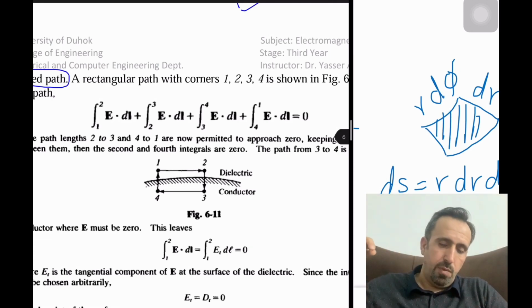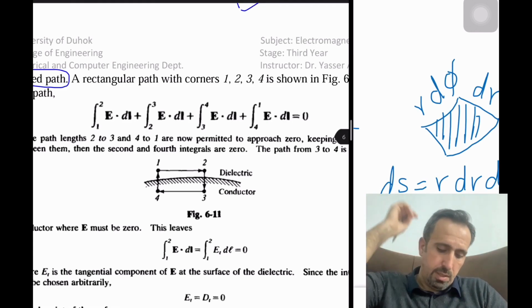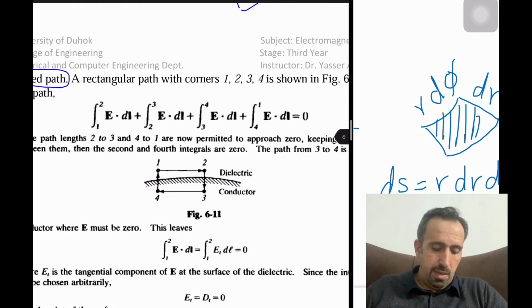For example, 2 of these points are located inside the conductor, and the other 2 are located outside the conductor within the dielectric, as shown in figure 6.11. So from 1 to 2 you have a certain path, from 2 to 3, then from 3 to 4, and finally from 4 getting back to 1.